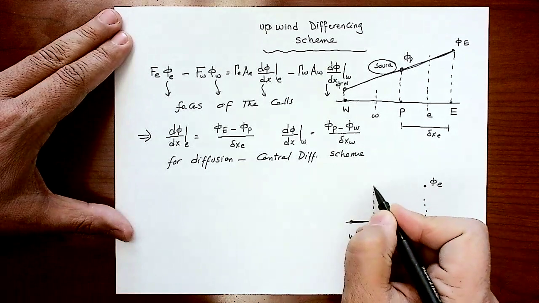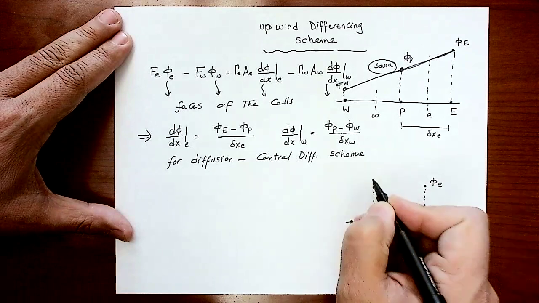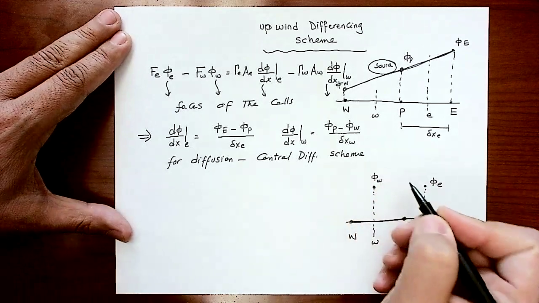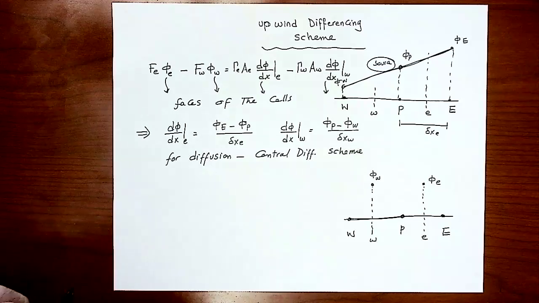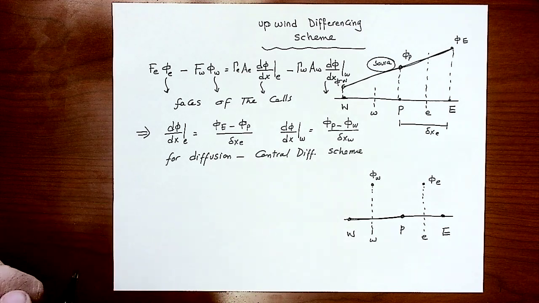I'm looking for the value of phi here, phi on the west face. So to pick the value of phi, it's going to depend on the flow direction. And this is one of the major differences between the upwind differencing scheme and the central difference scheme.